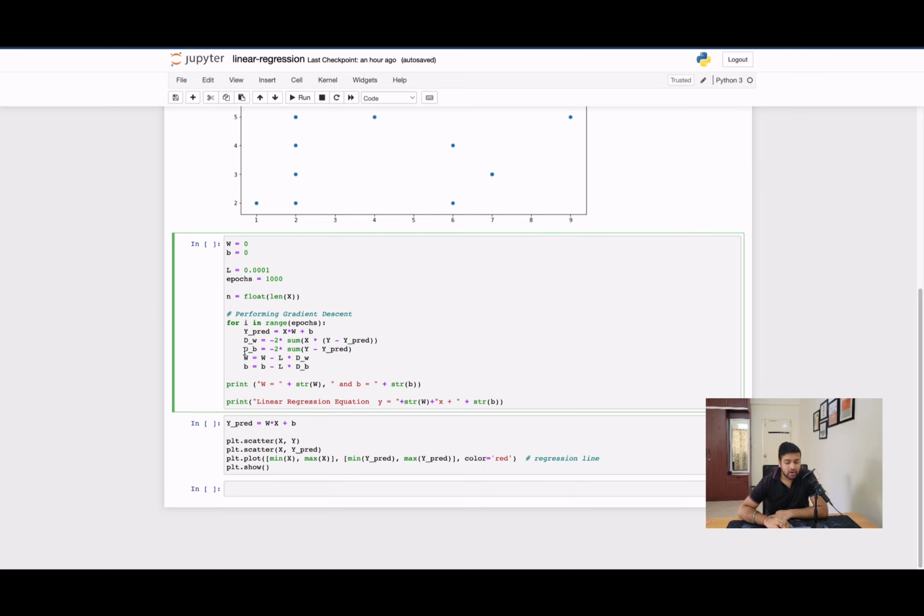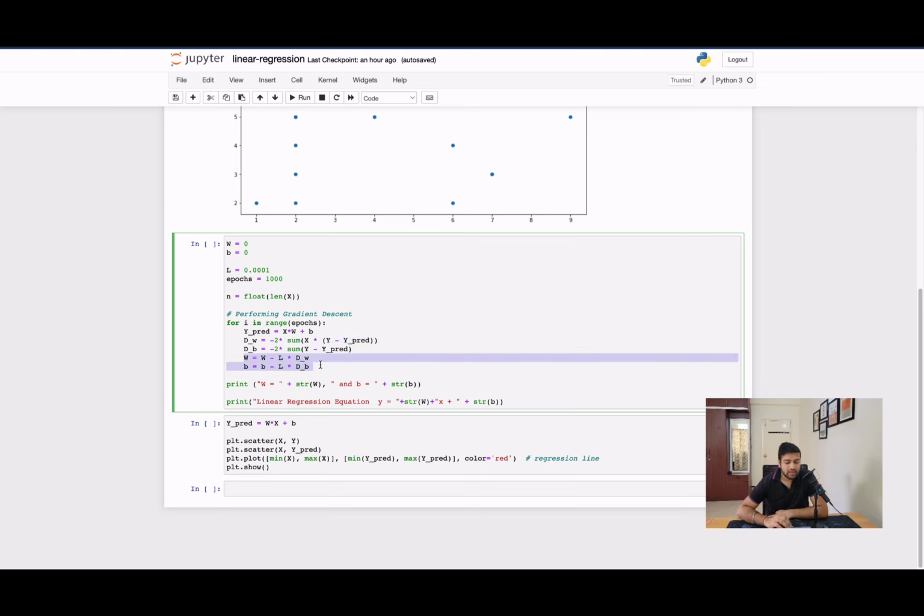Next is your derivative with respect to bias, which is minus 2 times the sum of y minus the predicted value, which is basically actual value minus the predicted value. This is why you are seeing a negative sign here, whereas in the derivations you will not see a negative sign, because here we have flipped these values. Both of these implementations are correct, and you can try both.